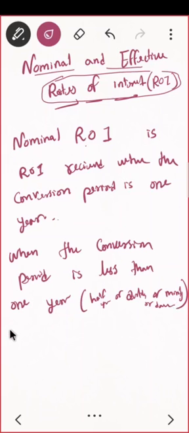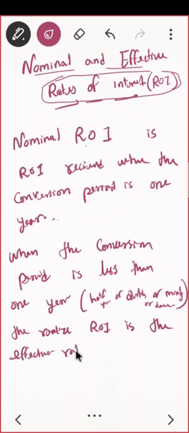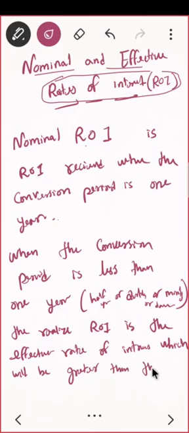So the realized rate of interest is the effective rate of interest, which will be greater than the nominal rate. Which will be greater than your nominal rate.